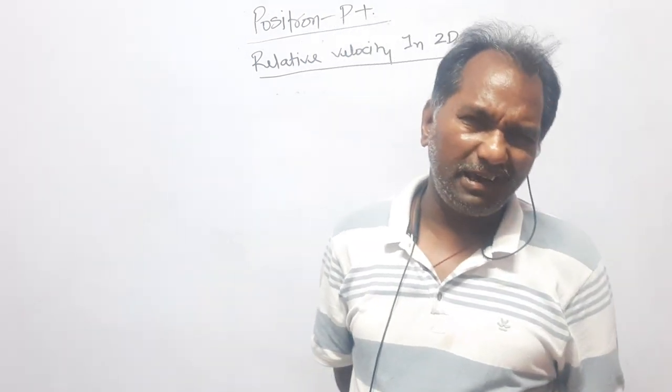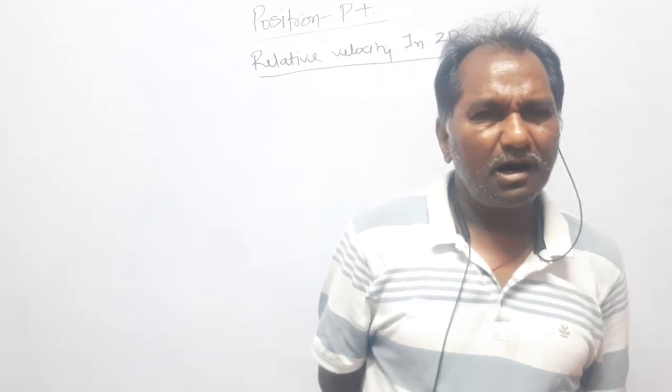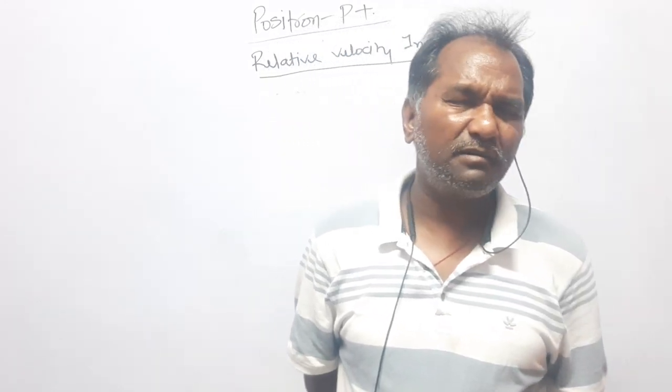Dear student, a very important concept: when we apply river boat problem or airplane wind problem or rain man problem, we always talk about frame of reference. First we talk about frame of reference. What is the frame of reference? Why do we talk about it?